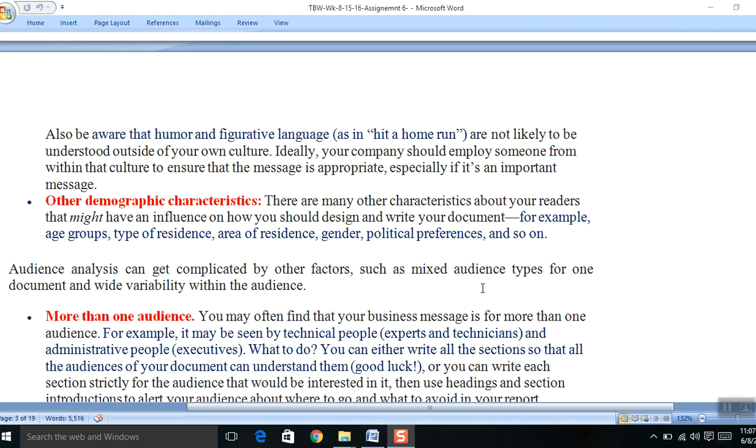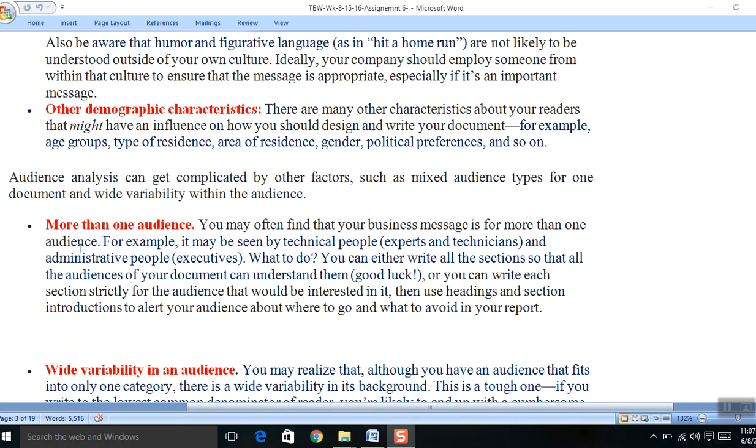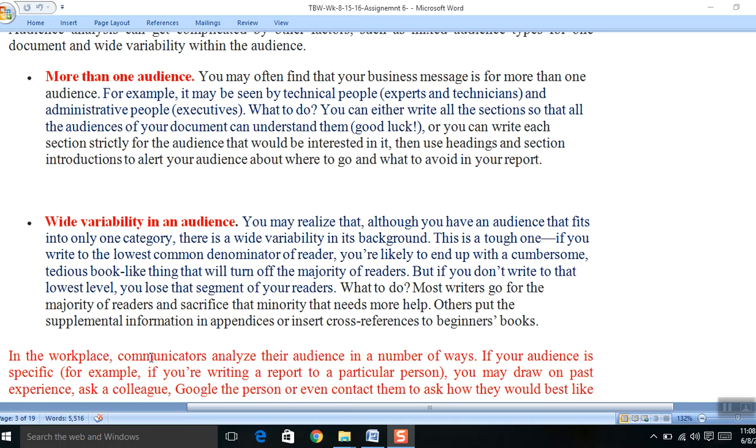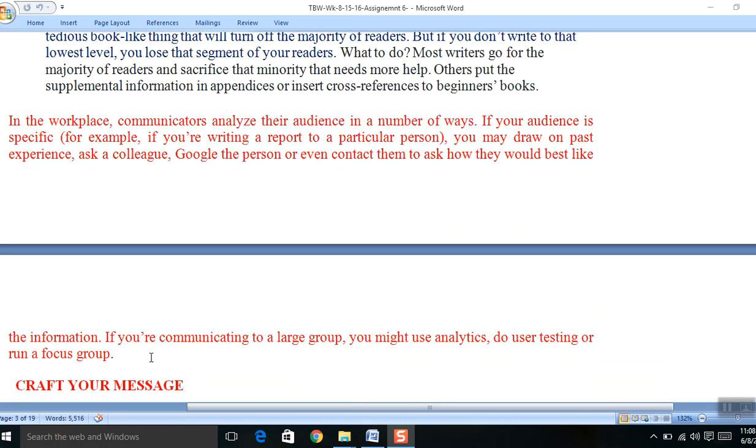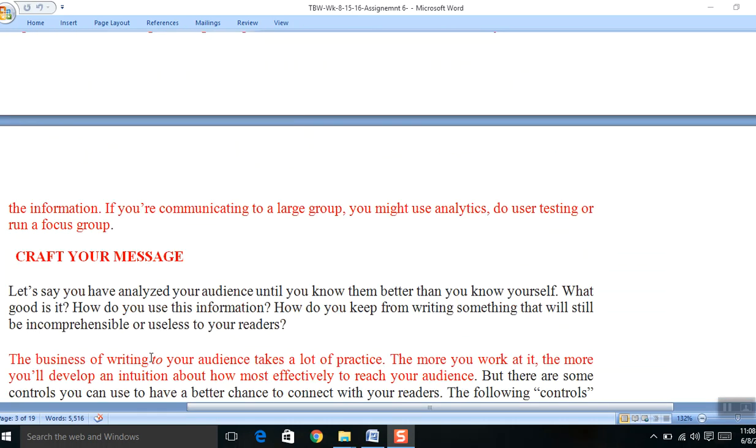preferences, and so on. And then if your audience is more than one, it means that you have to adopt some format of mass communication, creating groups and classes and all others. Clear? And wide variability in the audience. If your audience is larger, or their interests are different, or their needs are more, then you have to opt for different style and content for successful communication.